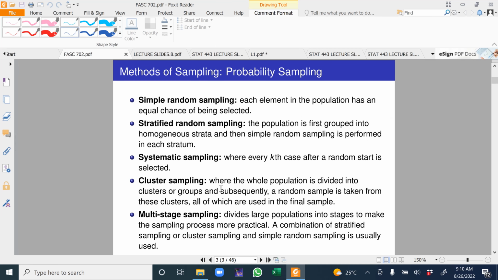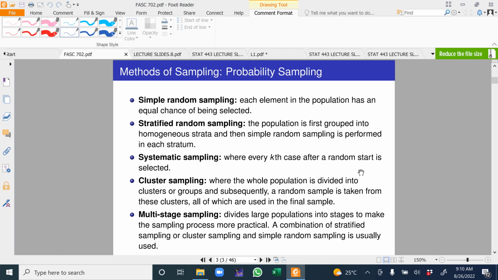The other method is cluster sampling. The other probability sampling technique is cluster sampling. And in cluster sampling, you have a very large population and then you divide it into groups or clusters.